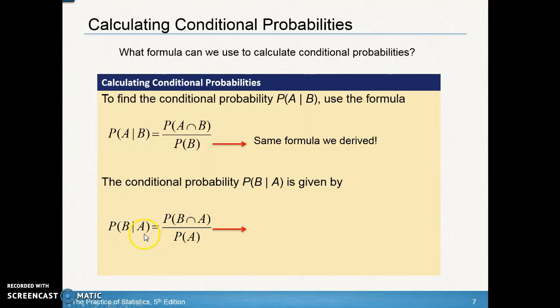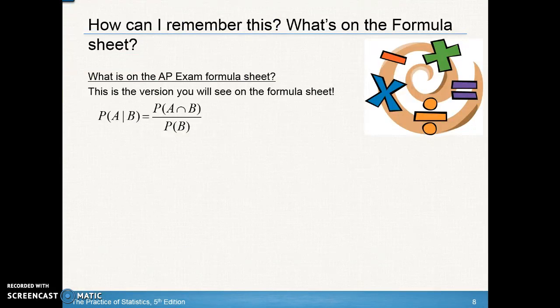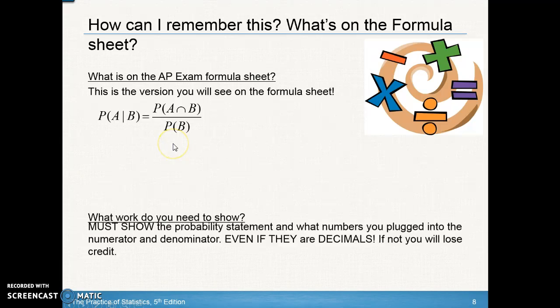So what you already know has occurred is in your denominator. What we see on the AP exam formula sheet is this, but honestly, just make sure you can interpret that this is A given B. The numerator is always the probability of both occurring, and the denominator is the probability that your condition occurs, of what you already know. What you already know is in the denominator.